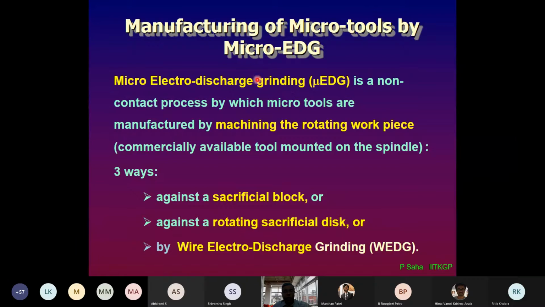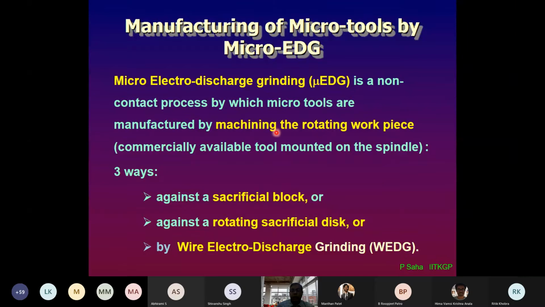It is basically a surface finishing operation, removing material from the surface, similar to grinding, but since it is an electro discharge process, it is somewhat different, in that it is a non-contact process. Otherwise it is removal of material from the surface, so it will be called the micro EDG process. As I said, it is a non-contact process by which micro tools are manufactured by machining the rotating workpiece.